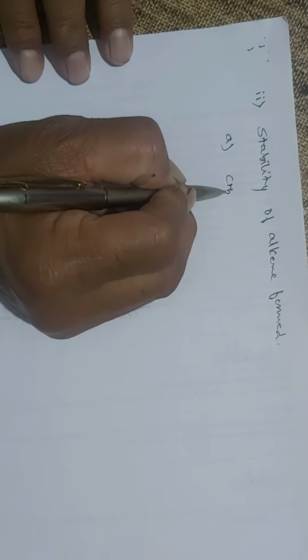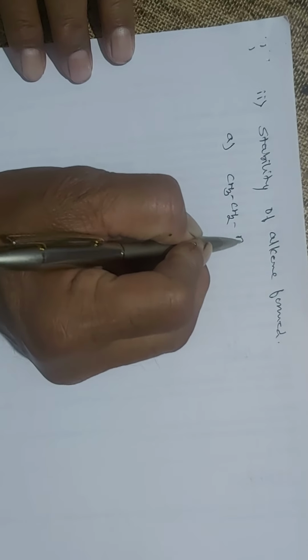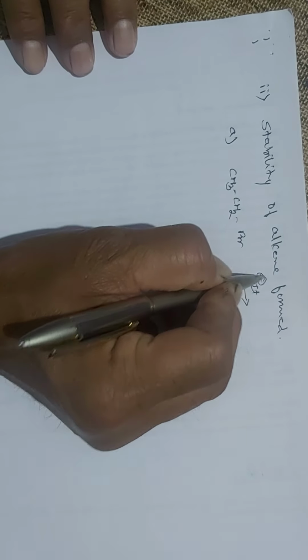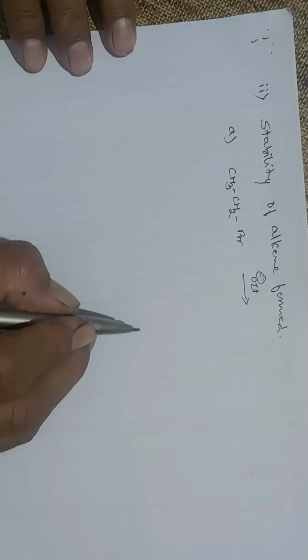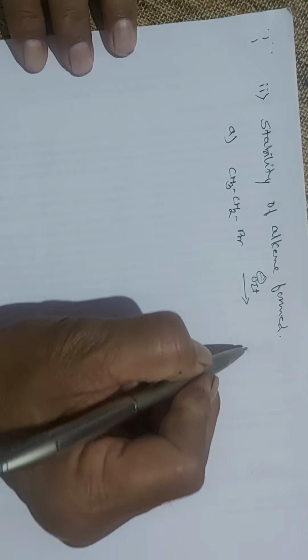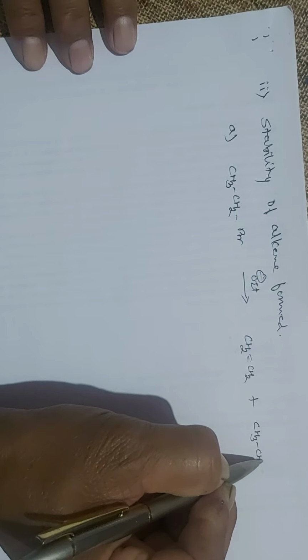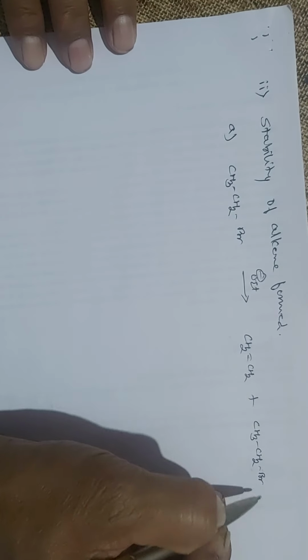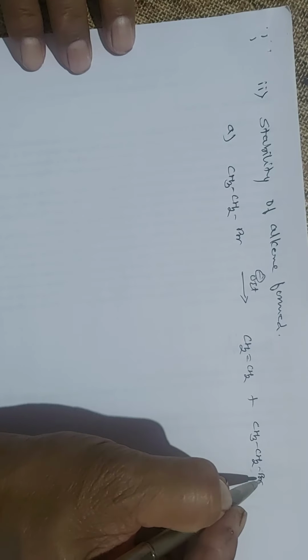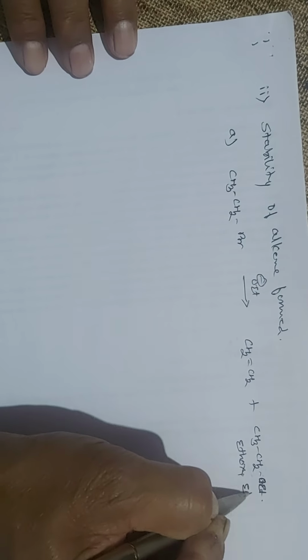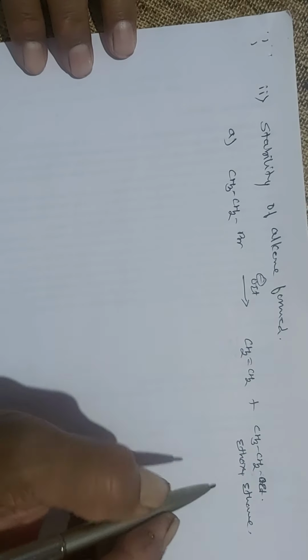Here, take the example of ethyl bromide. If this molecule is allowed to react with ethoxide ion, EtO minus, a simple alkene is obtained, that is CH2=CH2. If it gives the substitution reaction, you get ethoxyethane, which is the substitution product.